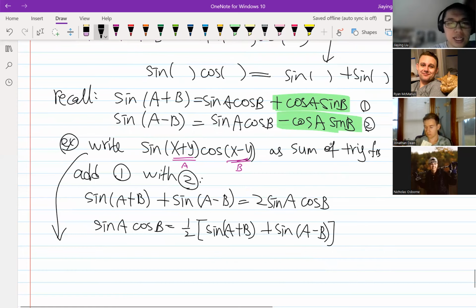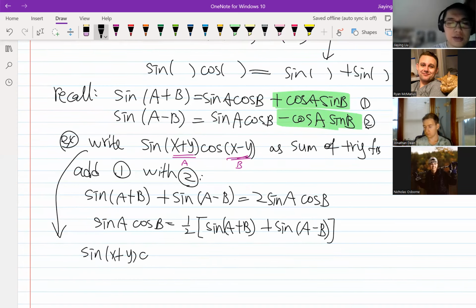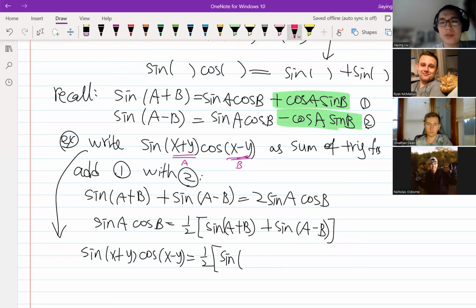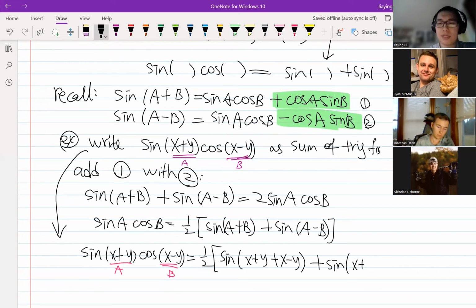So sine x plus y cosine x minus y. That's going to be 1/2 sine, where A is x plus y, and this is the B. So A plus B is x plus y plus x minus y, and then plus sine A minus B, which is x plus y minus x minus y.